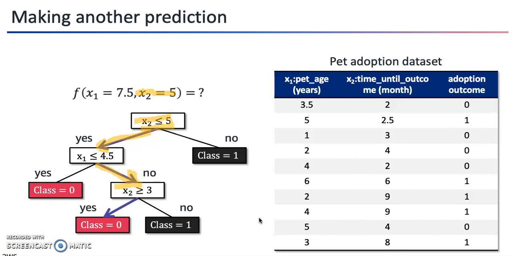Is it bigger than 3? 5 is bigger than 3, so we would go along this branch here, and then we would conclude that the value of the categorical variable is equal to 0. So in this case, the prediction is a value of 0. We would say that this is no longer a question. Here the value of f is equal to 0.